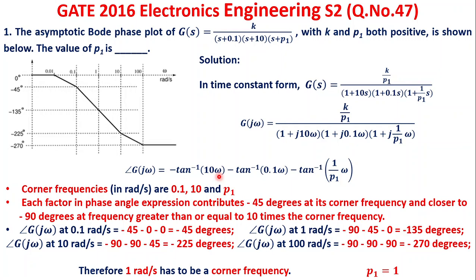For example, take the corner frequency 0.1: 10 into 0.1 is 1, and tan inverse of 1 is 45 degree. And 10 times the corner frequency means 1. So 10 into 1, tan inverse of 10 is about minus 83 degree. That is why I said it is close to minus 90 degree.